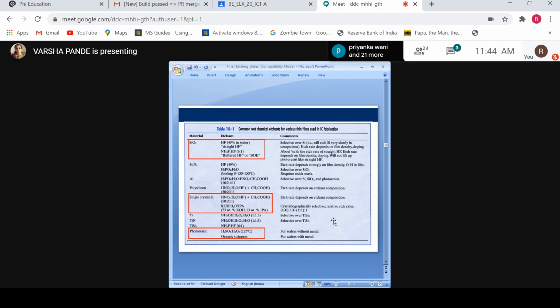Suppose you want to remove aluminium, then you have to take this combination: H3PO4, H2O, HNO3, CH3COOH, and the proportion is like this, 16 to 2 to 1 to 1. In 16 proportion H3PO4, 2 water, 1 nitric acid, and 1 CH3COOH. Like this the solution is made. When do we put in aluminium? When we want to do the metallization.